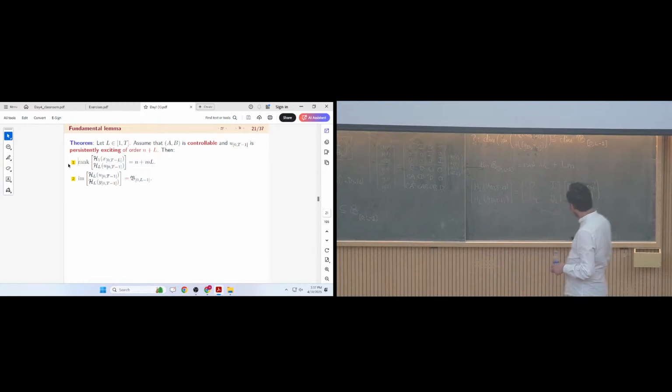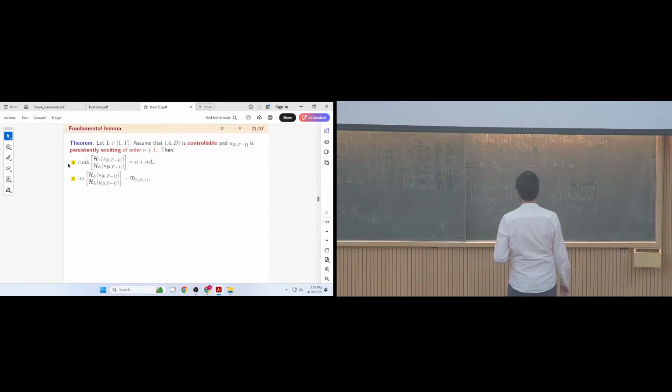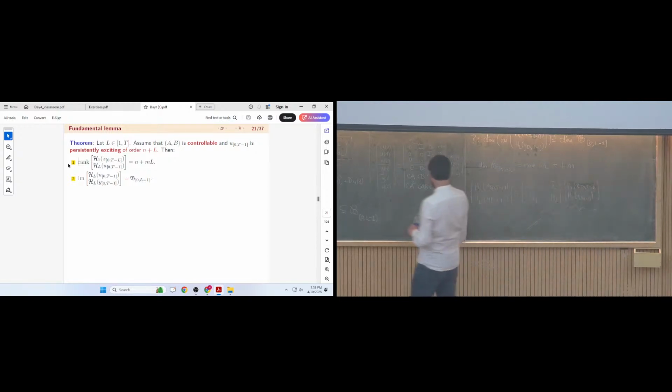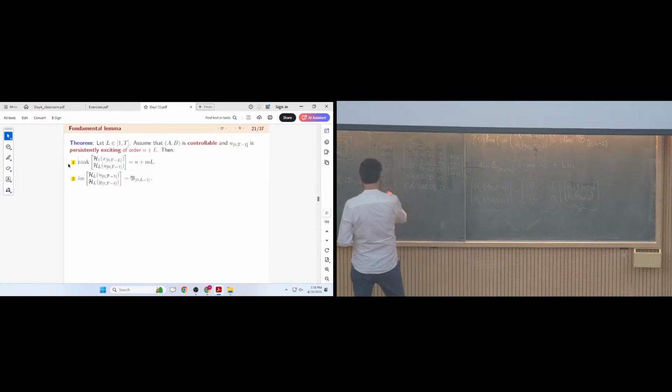Therefore, these two matrices must have the same rank. Maybe I can also write that down. Shall I make a window here?